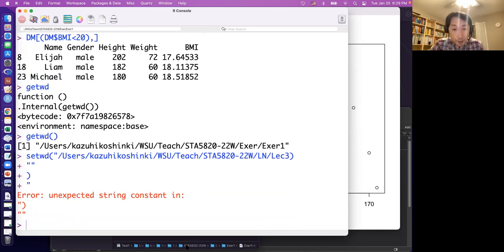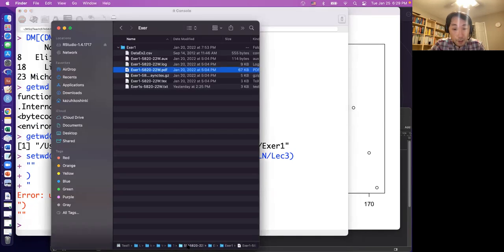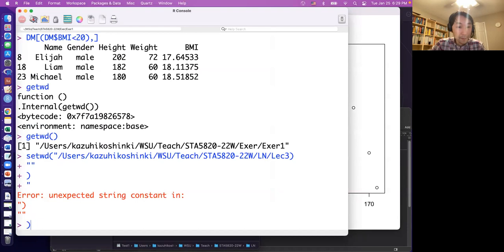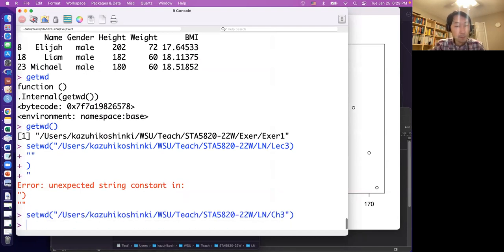Okay, so now I set chapter 3. So advertising CSV, we read.